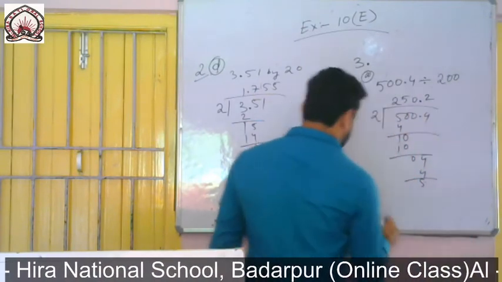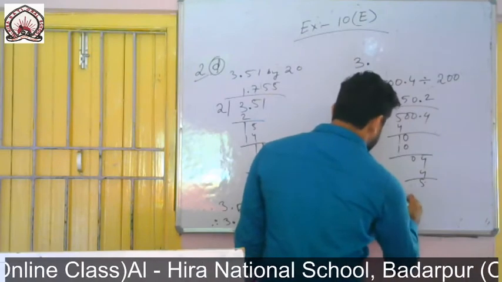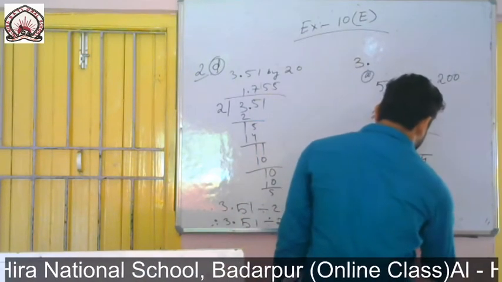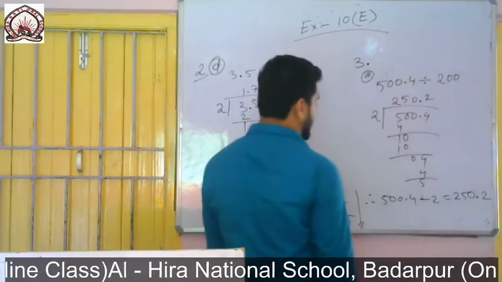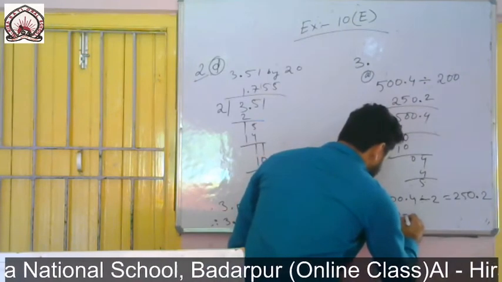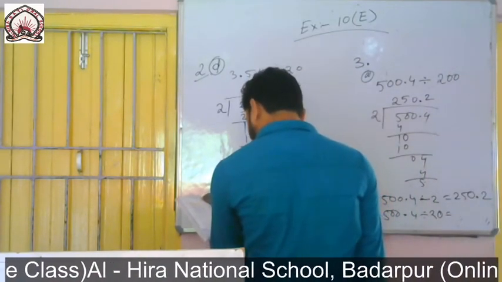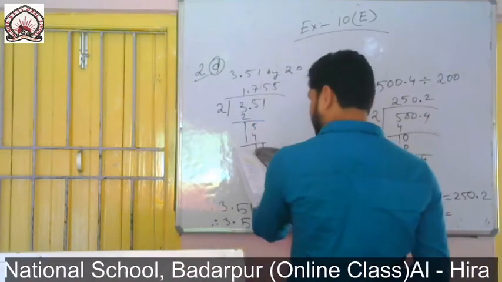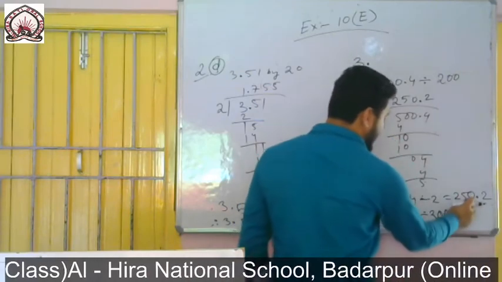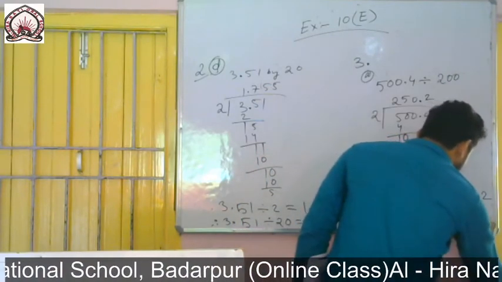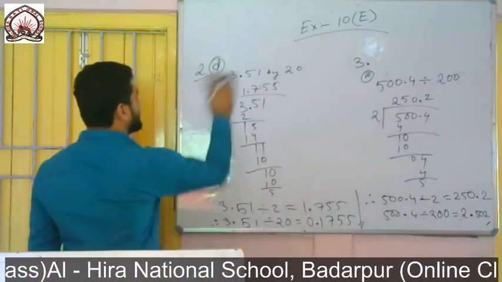So you can write therefore 500.4 divided by 2, we get 250.2. Then divided by 200 means the point will shift 2 places left, the point will come here, that means 2.502. 2.502. Now come to 3b.